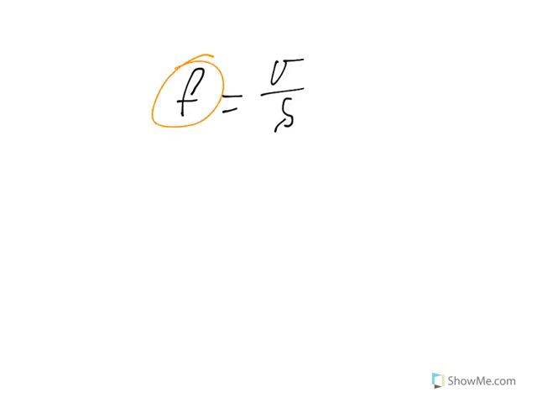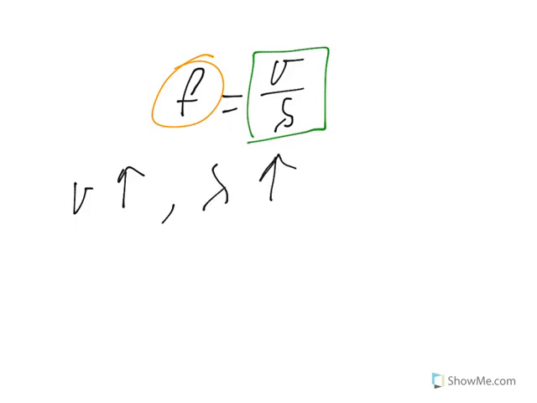So if that's got to stay the same, then this ratio here of speed over wavelength has got to remain the same as well. So what that means then, if v increases, then the wavelength's got to increase as well to keep the frequency the same. And then that's a gap in your notes there as well.